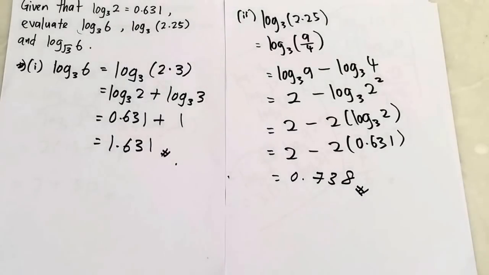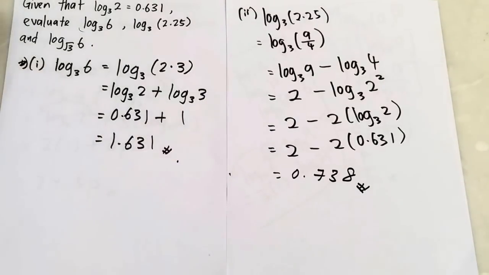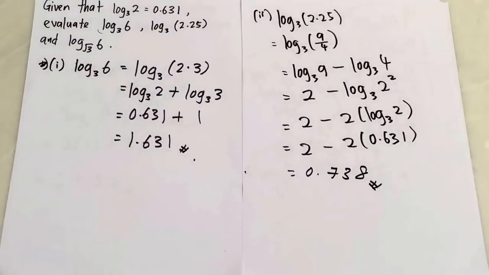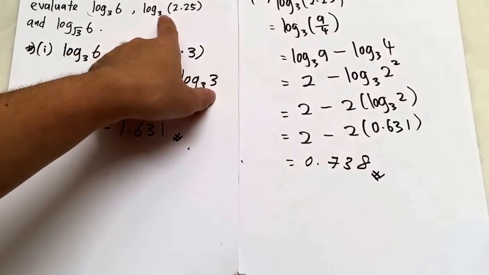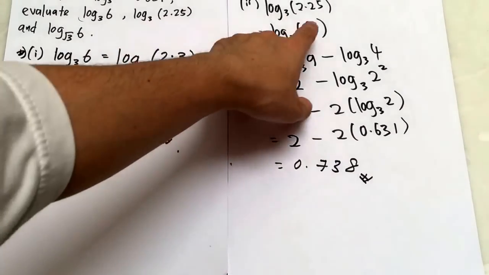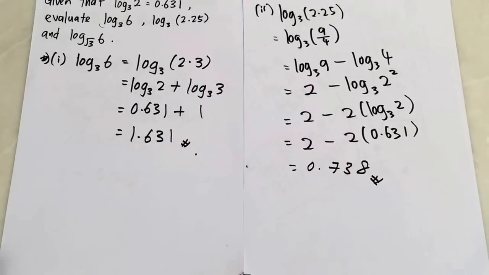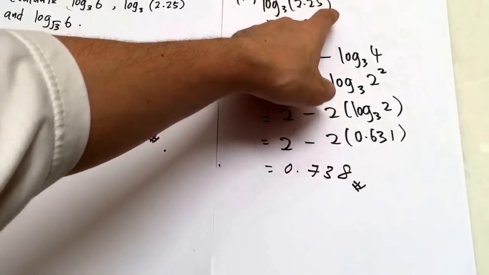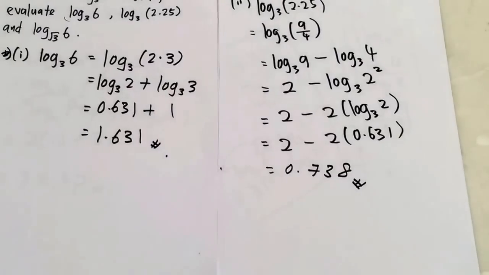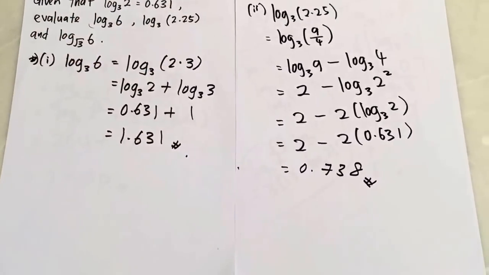I hope you can understand this. It's not so hard. I think the hardest part of this question is you must get the idea of 9 over 4. But if you simplify step by step, you can do 225 over 100, and then simplify one by one. At the end, you'll still get 9 over 4.